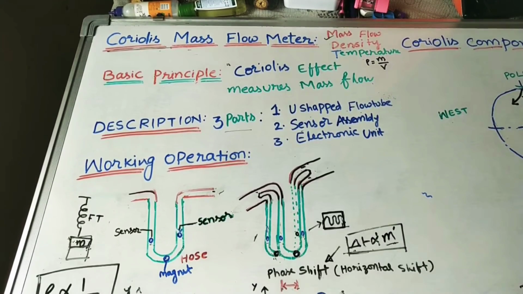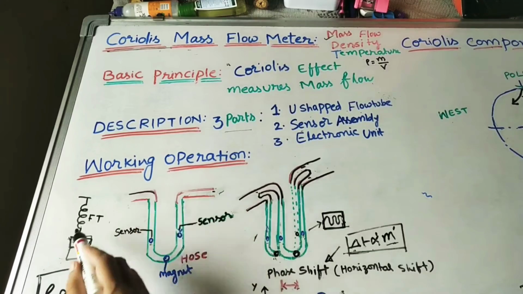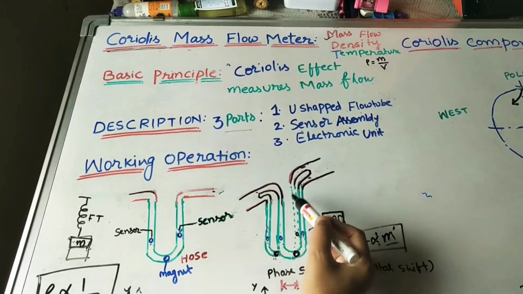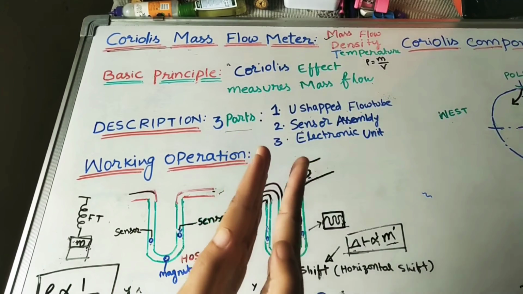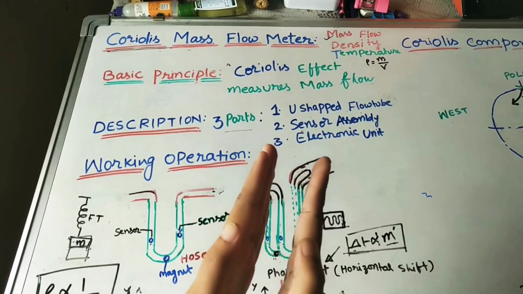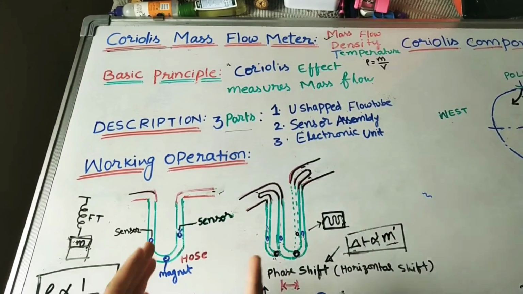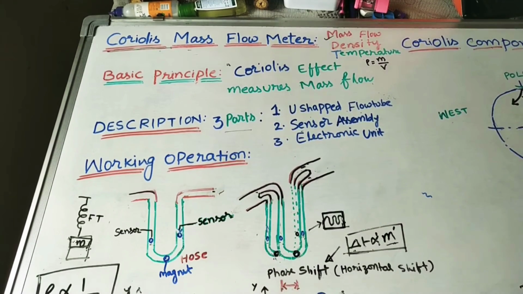In the first case, without flow, we just connect the flow tubes here to the pipes like this. When there is no flow, as I told, these are hoses, pipes of small diameter, so they are vibrating or oscillating. These two flow tubes will oscillate in opposition to each other at the natural resonance frequency of the tubes.